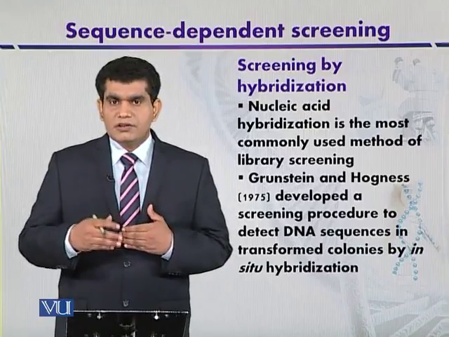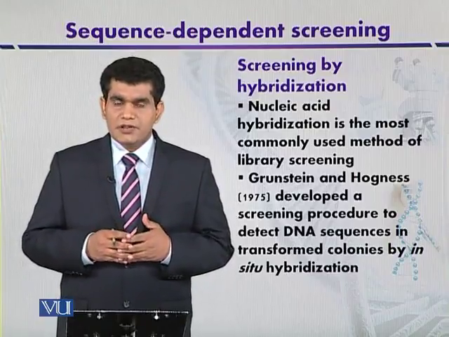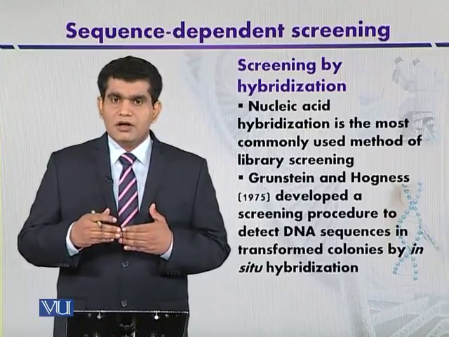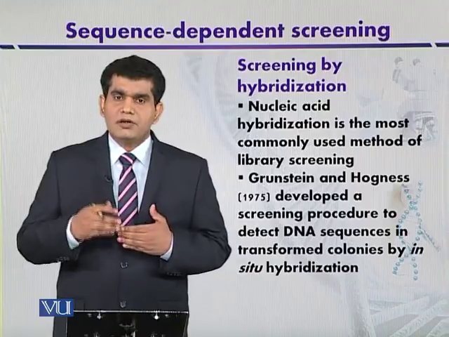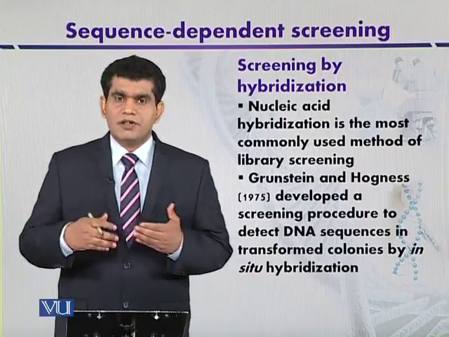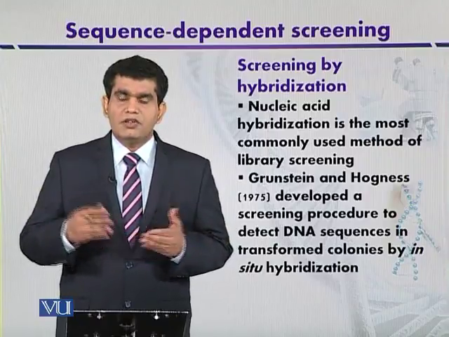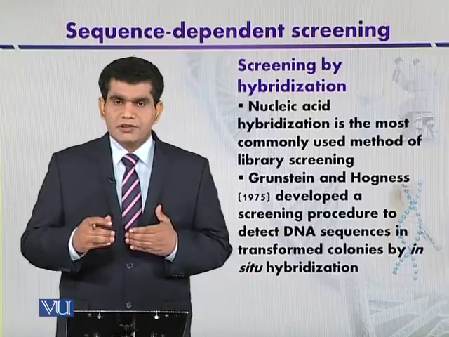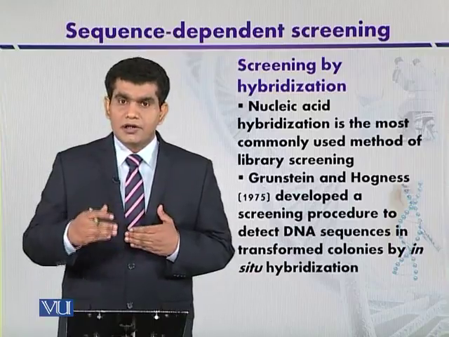For this nucleic acid hybridization, the host organisms that contain our target clone may be called transformant colonies or recombinant colonies of microbes. They can be screened for the presence of the target clone.